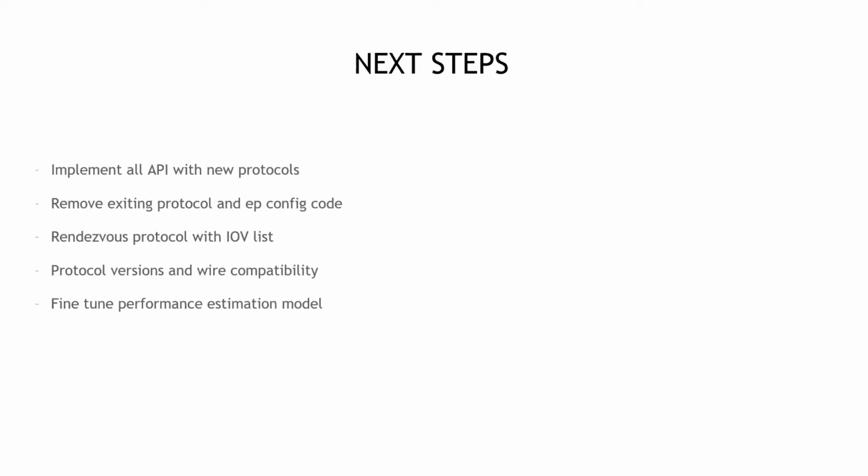For example, we could define the protocol version and only compatible protocols would be selected. And also the performance estimation model is something which you can tune over time. So today we have something which is, let's say, good enough, but we obviously would keep on finding cases where it's not accurate. So it can be optimized independently of the protocol itself.